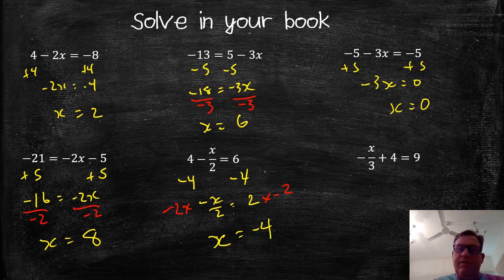The last problem, we're going to take away 4 from both sides. So I have minus x over 3 equals 5. And the easiest way again is to multiply both sides by negative 3. So negative 3 times negative x over 3 is positive 1x equals negative 15.